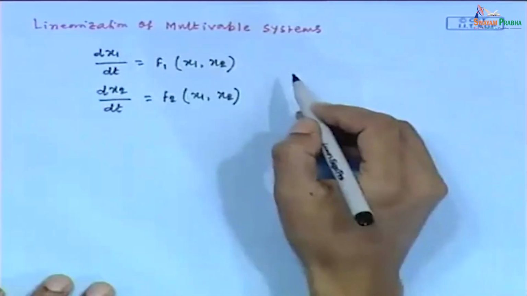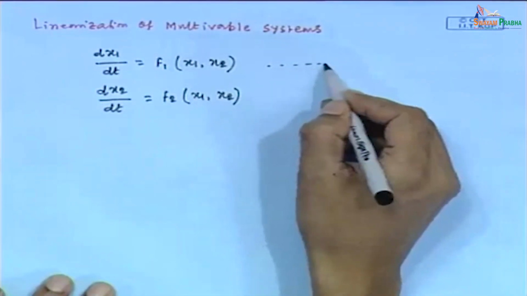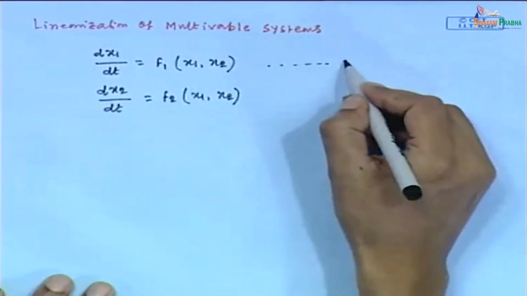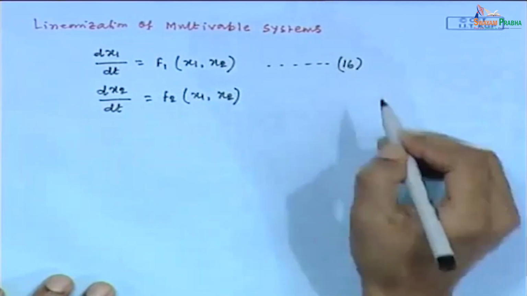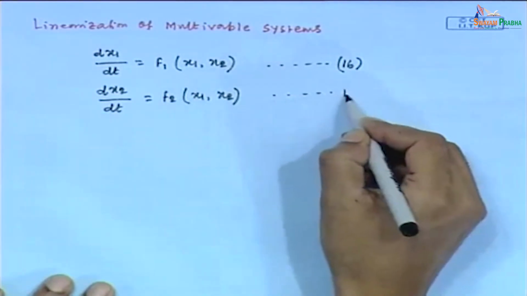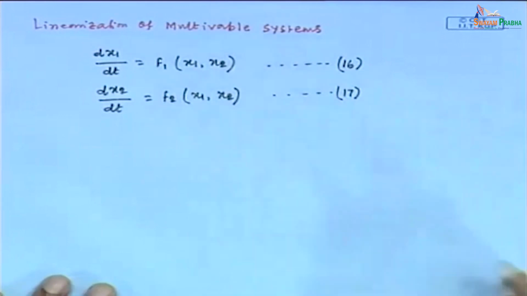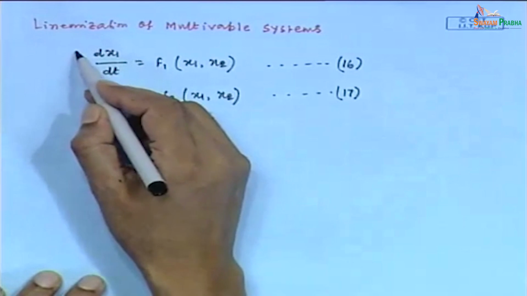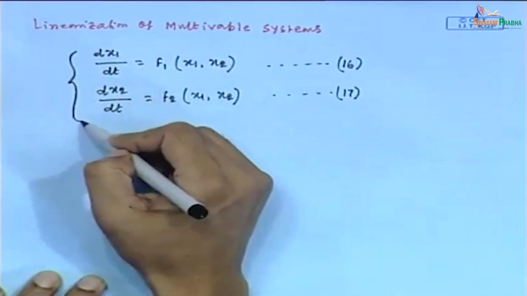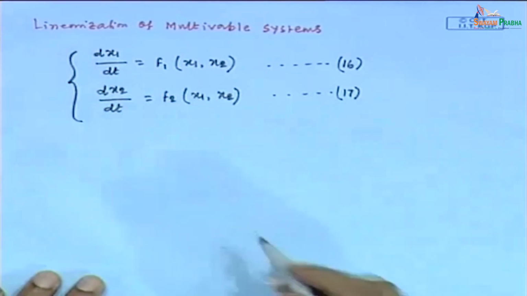We will continue the equation numbers. Yesterday we considered up to equation number 15, so today we start from equation number 16, and this is equation number 17. This is the representation of a multivariable system.